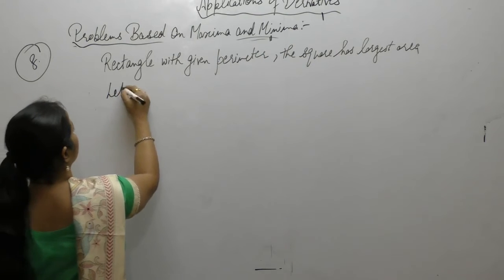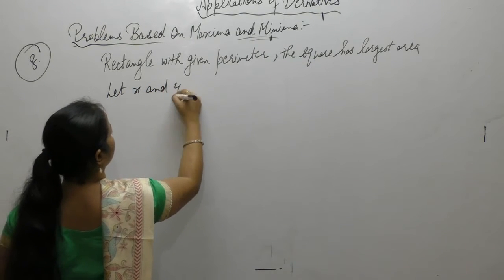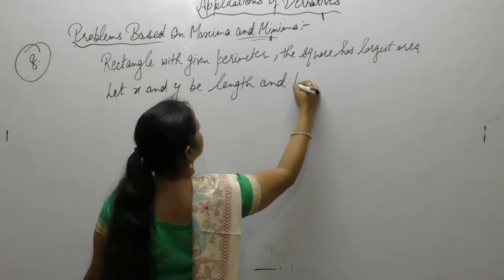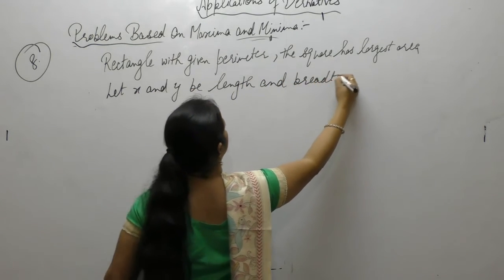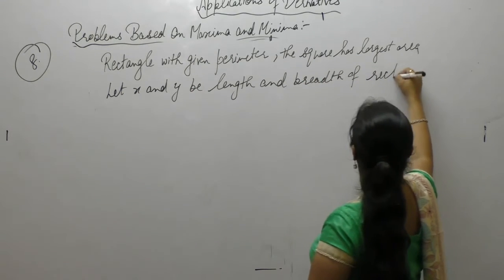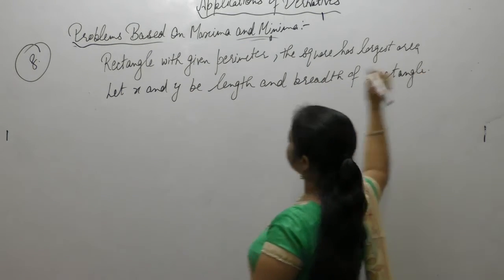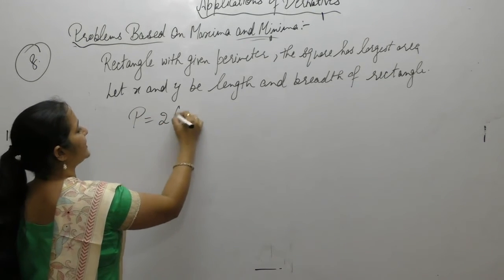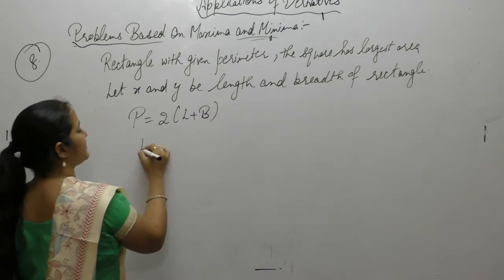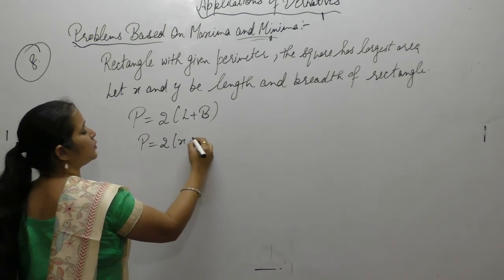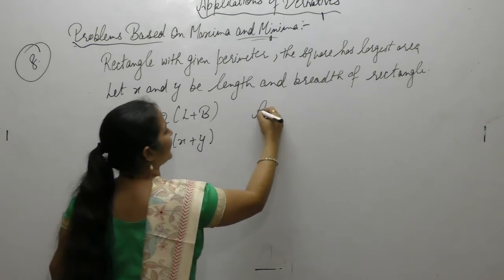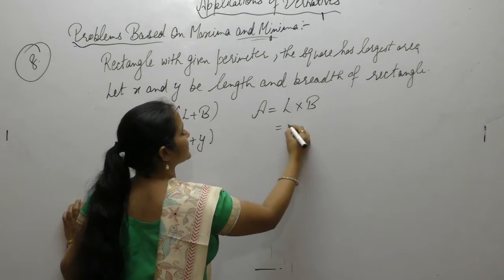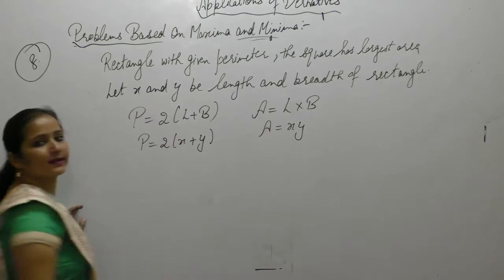Let x and y be the length and breadth of the rectangle. What is the formula for the perimeter of a rectangle? Perimeter of rectangle is 2 times L plus B, that is 2 times x plus y, and area of rectangle is length into breadth, that is xy. Clear?